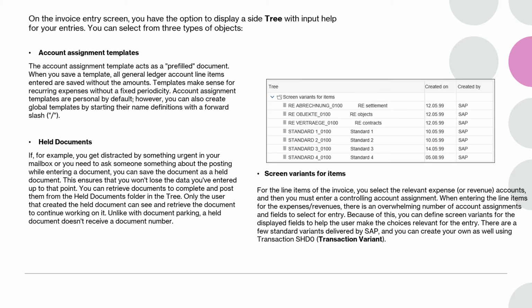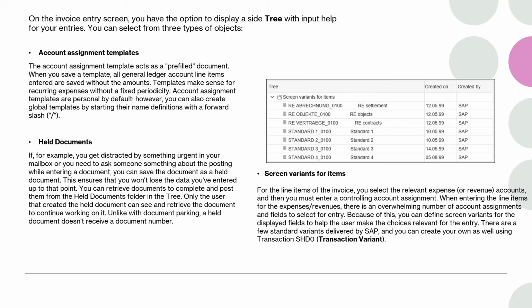For the line item of the invoice, you select the relevant expense or revenue. For accounts payable, it'll be expense accounts, and then you must enter a controlling account assignment when entering the line item for the expense or revenue. There is an overwhelming number of account assignments and fields to select for entries.